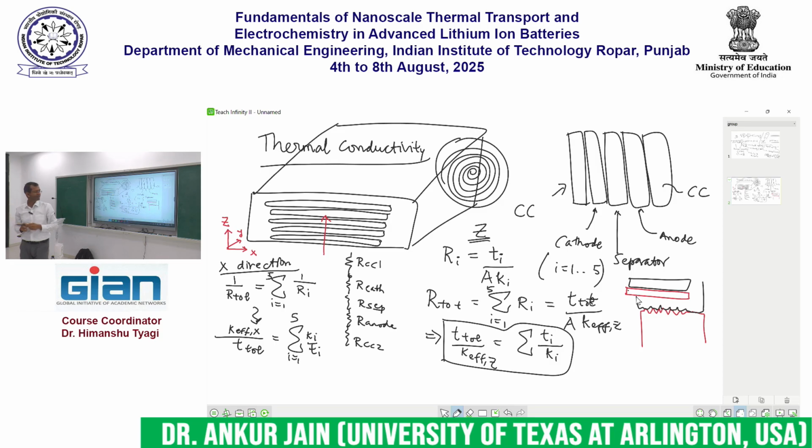What I'm saying is that at the interface of each of these materials, there will exist a contact resistance, which I will need to add here. The total resistance is not just the contributions of the individual materials, but also the contributions of each interface that occurs in this problem.